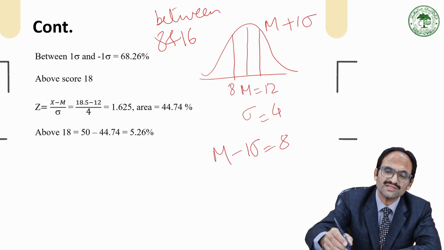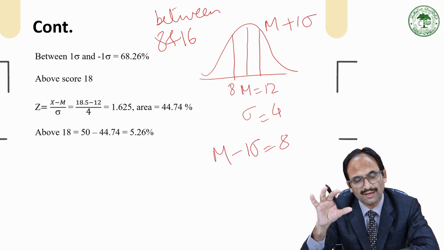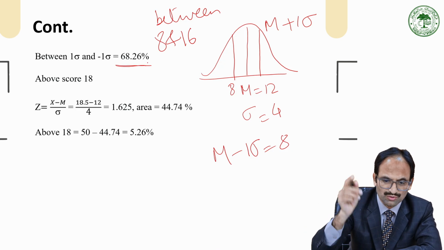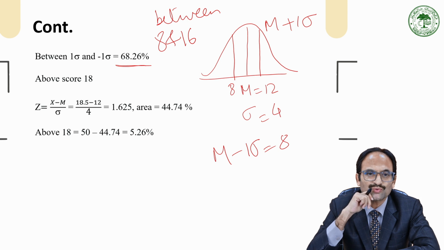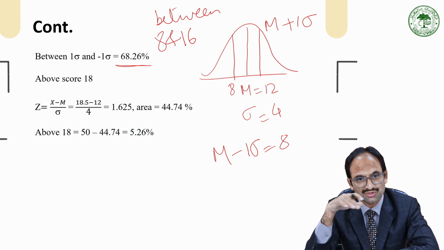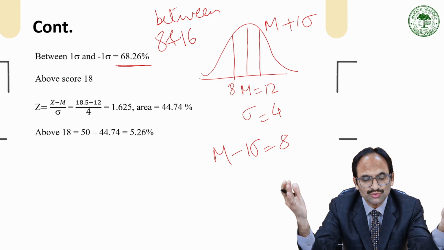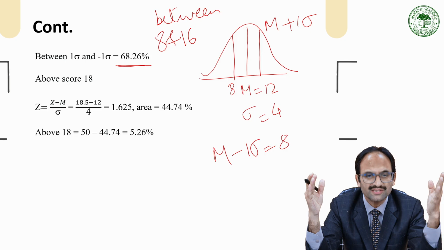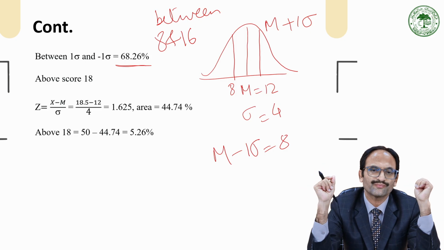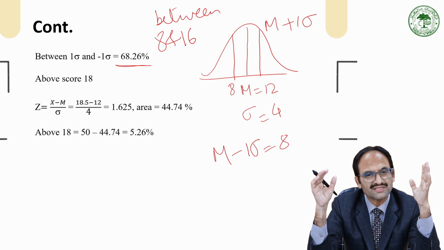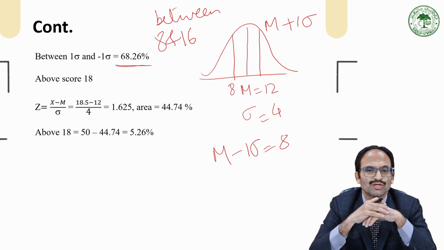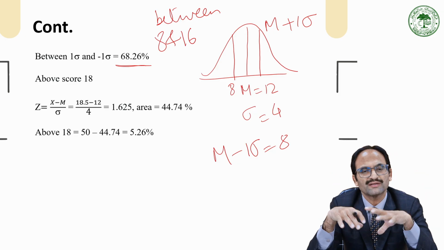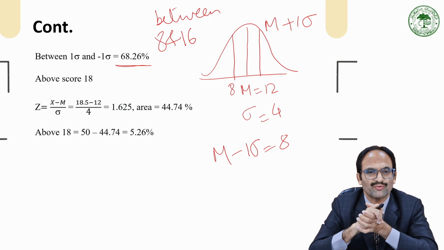So the percentage of cases in this problem which lie between 8 and 16 has come out to be 68.26%. If you want, you can open the table and consult it. Definitely you will find that between mean plus 1 sigma and mean minus 1 sigma, the percentage of cases is 68.26%.